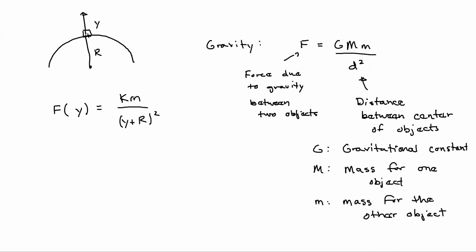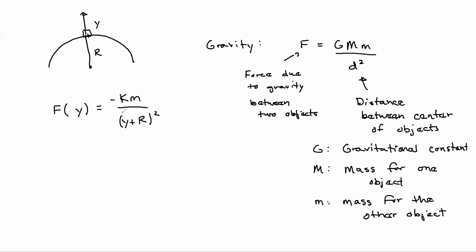And then finally, we apply a directionality to the force. The force is negative, acting to pull the object that's going upward downward. So negative is downward in our model.